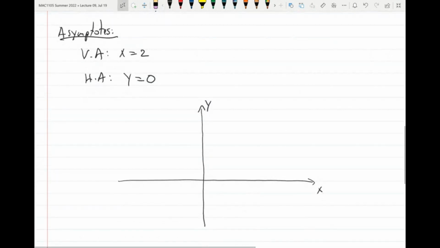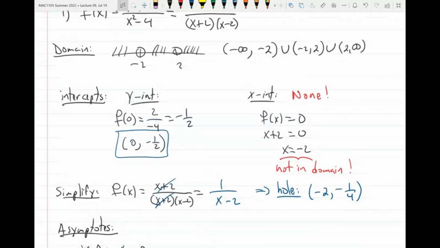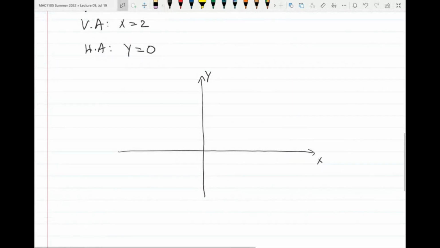Okay, so when you're going to graph, my advice is draw the asymptotes first. So we're going to have the horizontal asymptote y equals 0. That's already the x-axis, so it's there. And then the vertical asymptote, which is the line x equals 2. Let me say that this is 1 here, this is going to be 2, so more or less this is a 1, this is a 2.